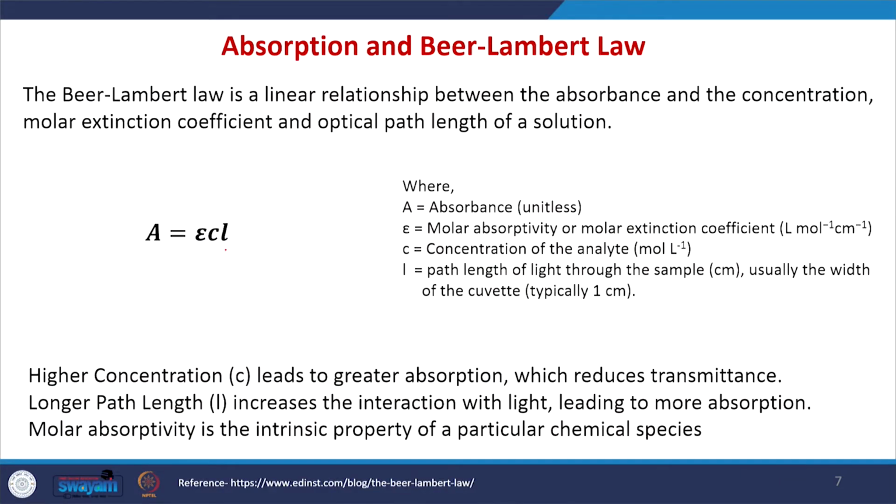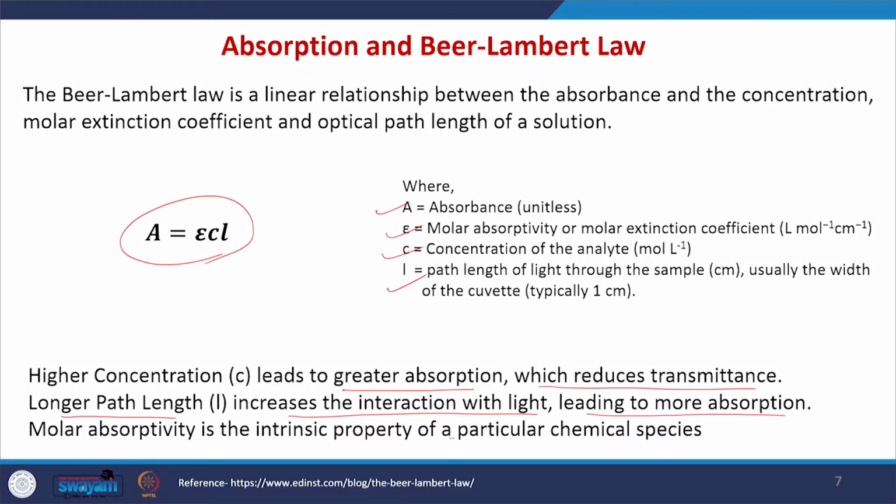Let us learn about Beer-Lambert law. The Beer-Lambert law is a linear relationship between the absorbance, concentration of the analyte, molar extinction coefficient, and optical path length of a solution. If you are using a sample with higher concentration, that leads to greater absorption, which reduces the transmittance. And if you are using a longer path length, that increases the interaction with the light, leading to more absorption.